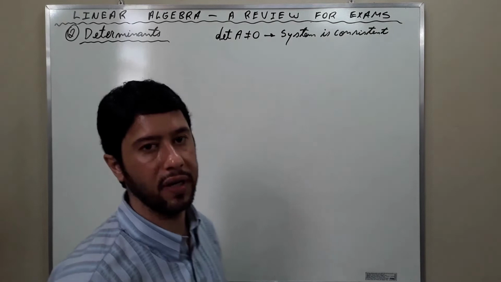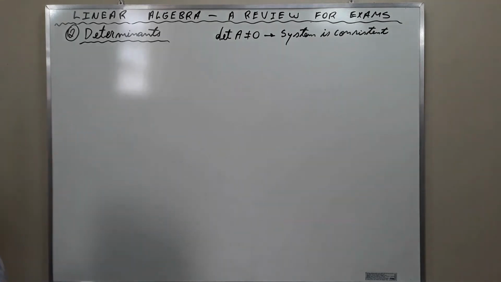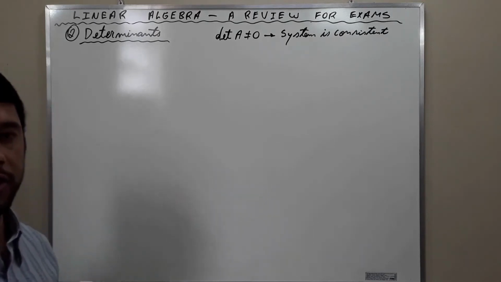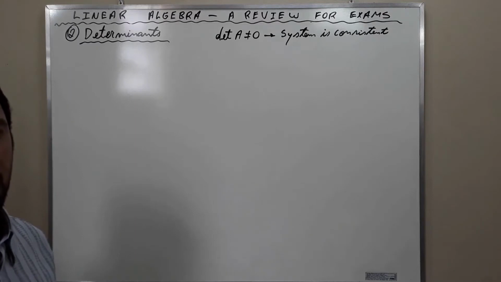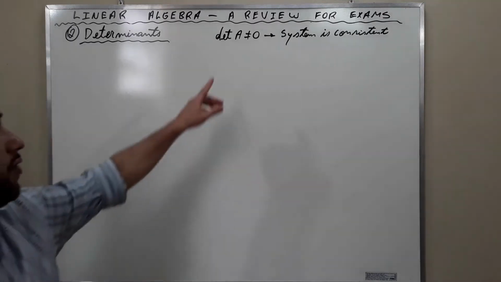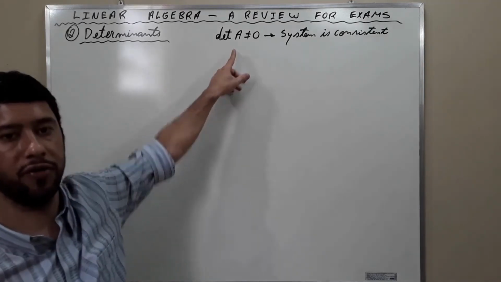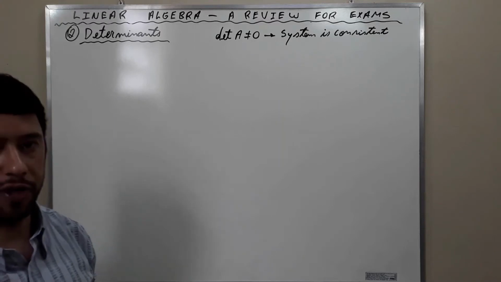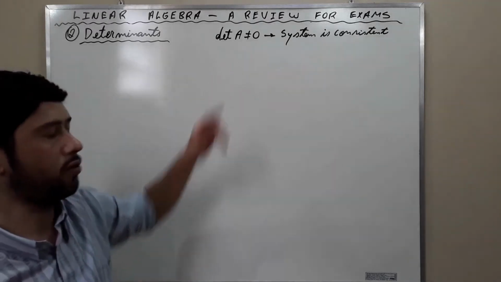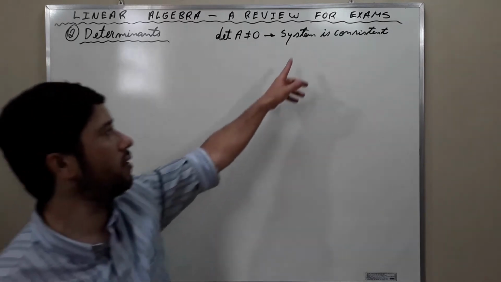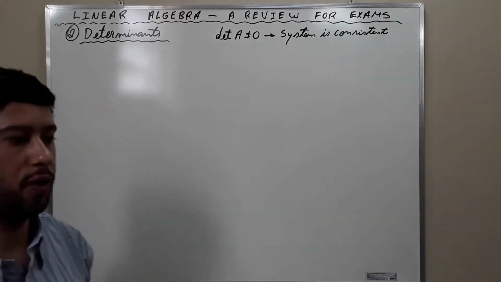Let's go to topic number 2, determinants. Frequently in linear algebra, the problem consists of finding the solution of a set of linear equations. If the determinant of the matrix that represents the system is different than 0, the matrix has a non-zero determinant, we conclude that the system is consistent, okay?